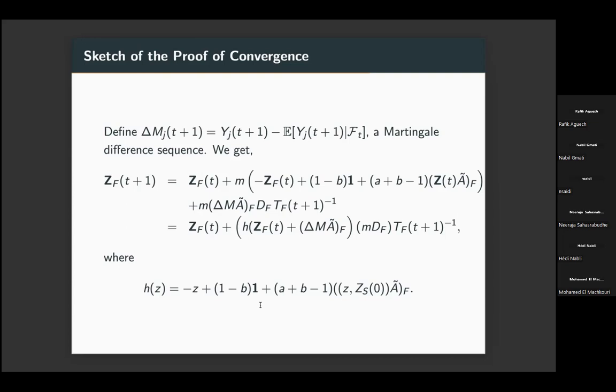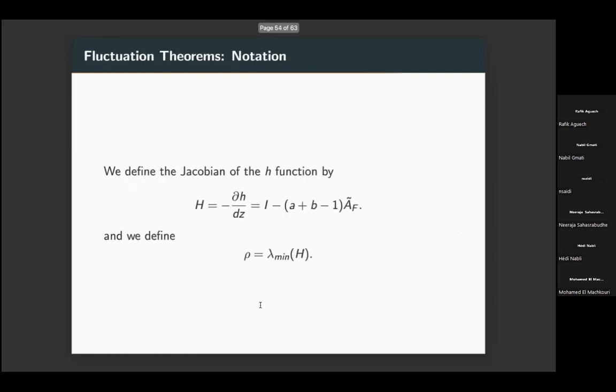Now I look at the Jacobian of this, and I look at the minimum eigenvalue of this Jacobian. Why I want to point this out is because, remember, when we looked at single urns, I said that the limiting properties of the urn depend on the spectral properties of the replacement matrix.